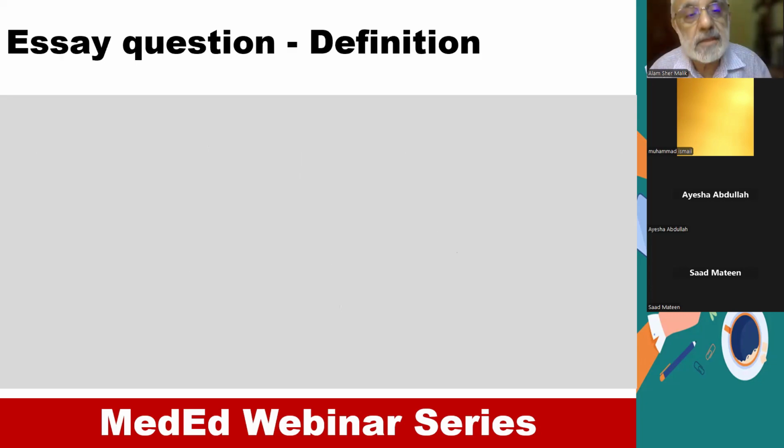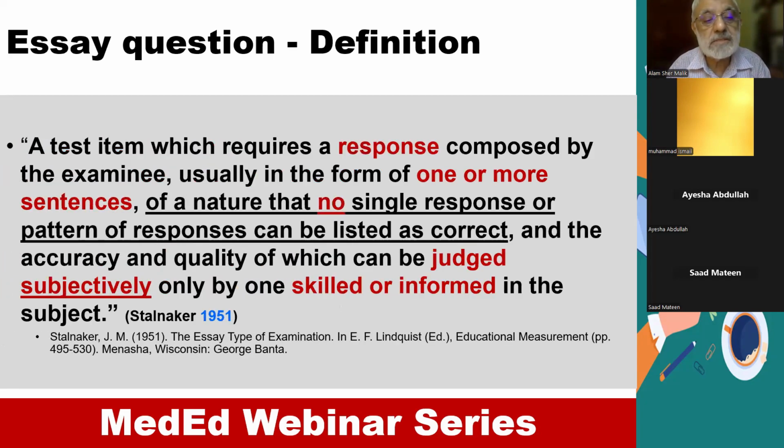Let's look at the definition of essay question first. And see, this is a very old definition, 1951. So essay question is a test item which requires a response composed by the examinee, usually in the form of 1 or more sentences.